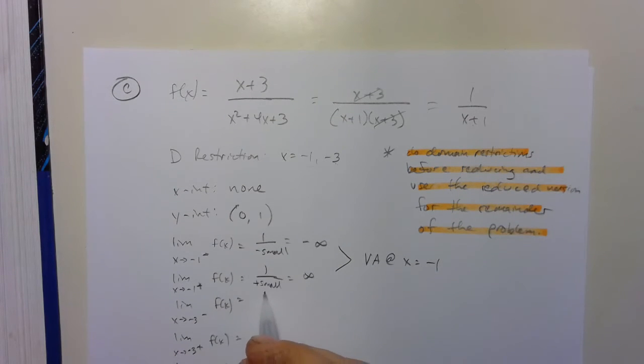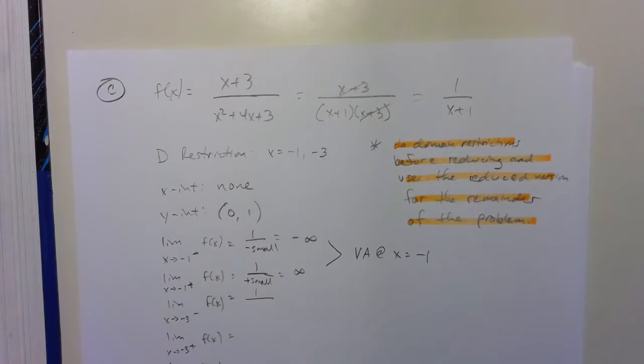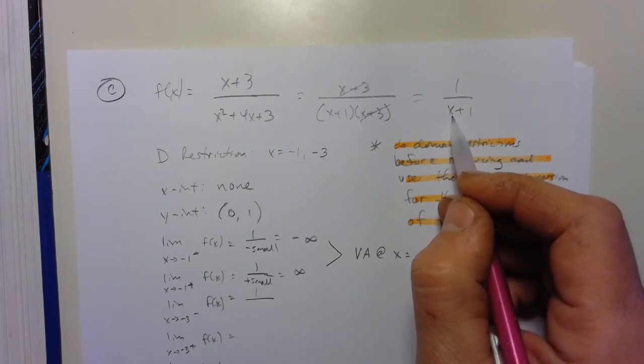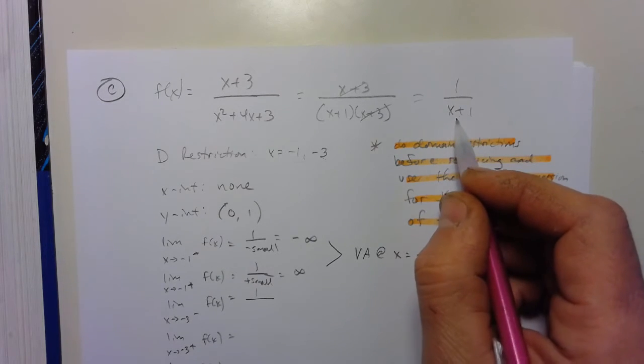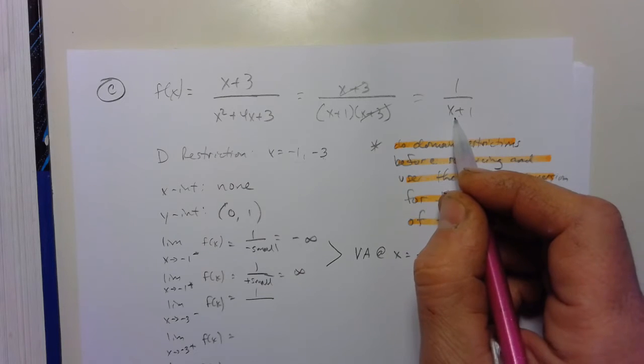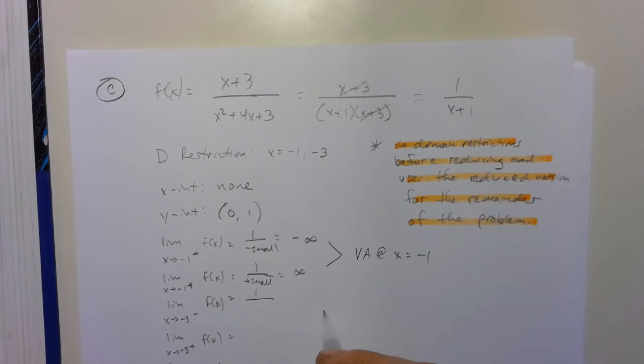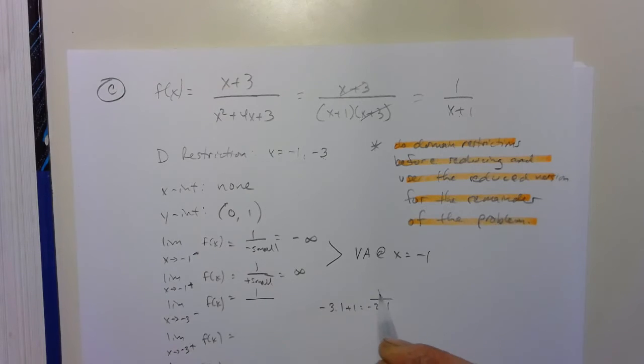Okay. Well, the top is still going to be 1. If I consider -3 from the left, that'd be -3.1. Let me just do this: -3.1 plus 1 is -2.1, so over 1.